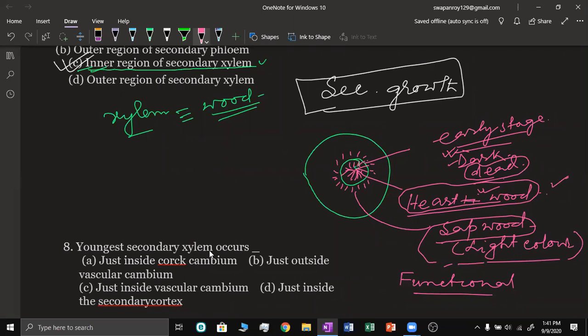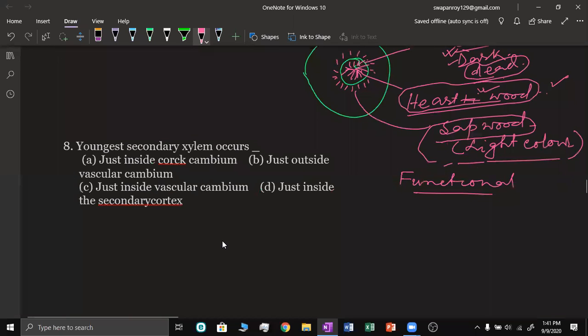The next question is: youngest secondary xylem occurs just inside the cork cambium, just outside the vascular cambium, just inside the vascular cambium, or just inside the secondary cortex.